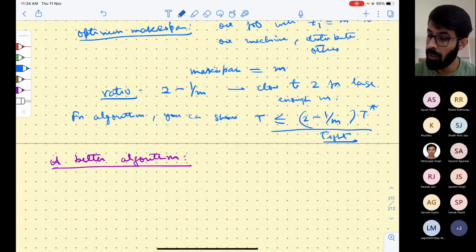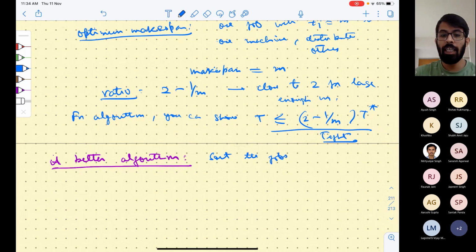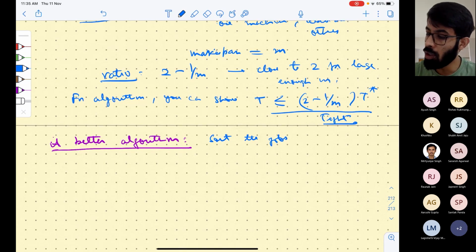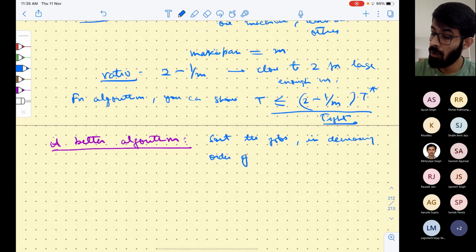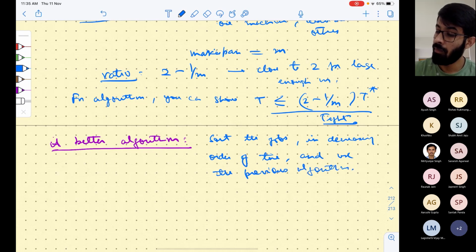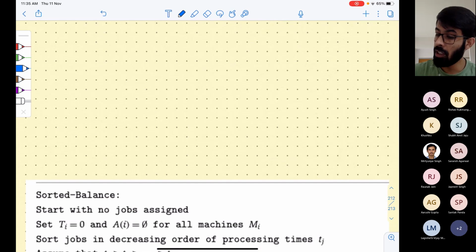Sort the jobs, because what happened was that we equally distributed all the small jobs on all the machines, and then one large job came, which maximized one machine's load. So sort the jobs in decreasing order and use the previous algorithm. And that is exactly what this algorithm does.